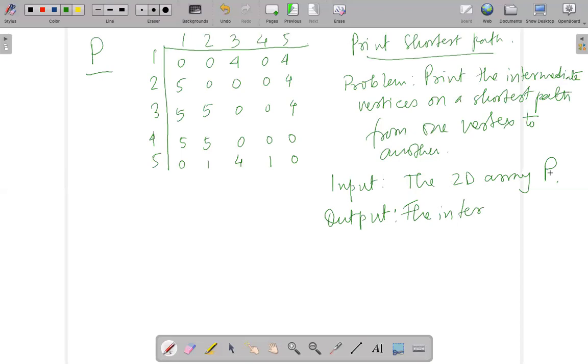So along with the 2D array P, the source and target vertices, let's call them VQ and VR.